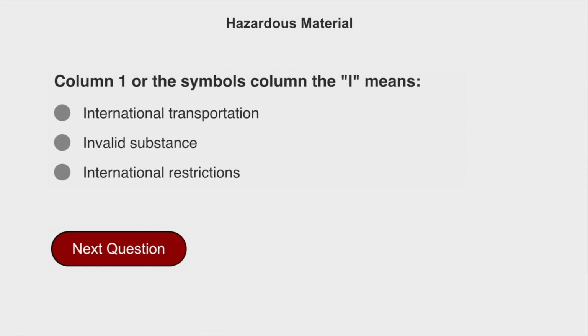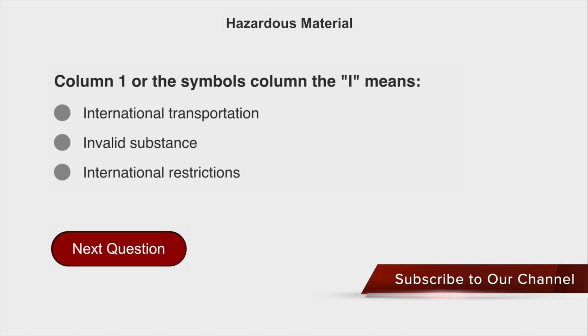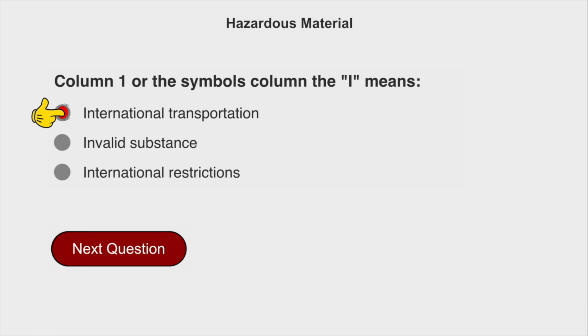Column 1, or the symbols column, the I means international transportation.